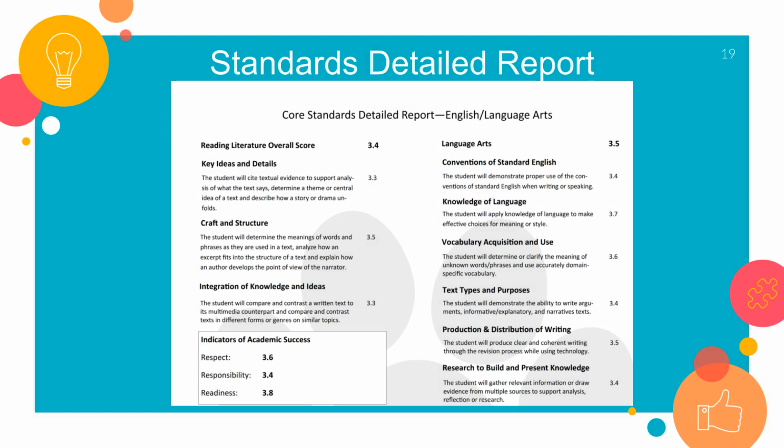After page 1, we are going to provide you a detailed report. And on that detailed report, it's going to list the standards broken down by domain. And those domains are going to have paragraphs that describe what that student's learning under that domain.